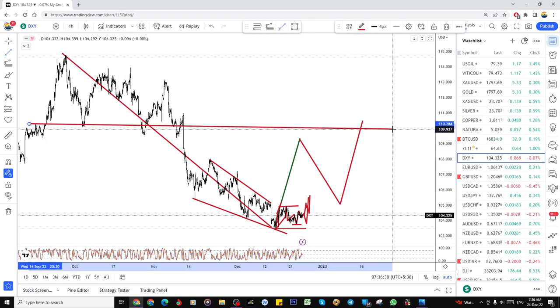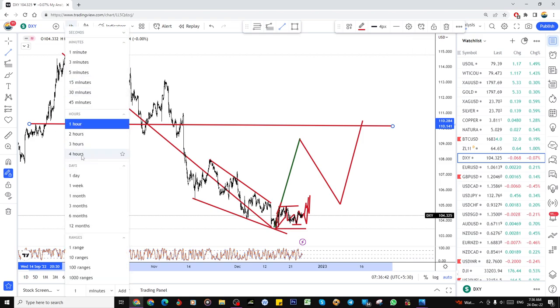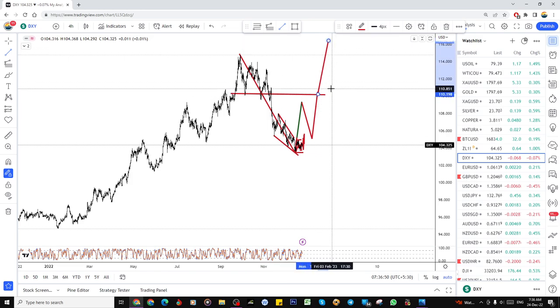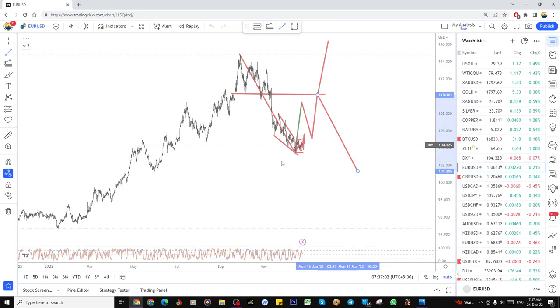Then later onwards we can decide what to do. After that, whether it is going to be a boom or a bang, let's decide from here, and I will get an idea after the formation of this pattern. So let's move on to the EUR/USD.